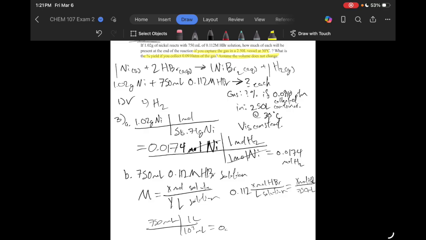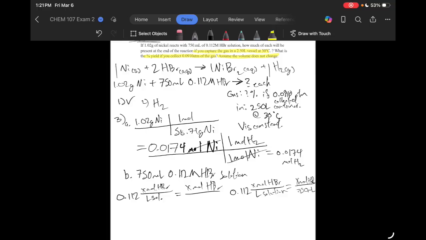That's going to give us 0.750 liters. Okay, so I'm going to erase this part right here. So we know that 0.112 X moles of HBr over liters of solution is equal to X moles of HBr over 0.750 liters of solution.